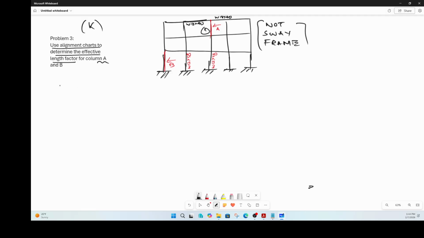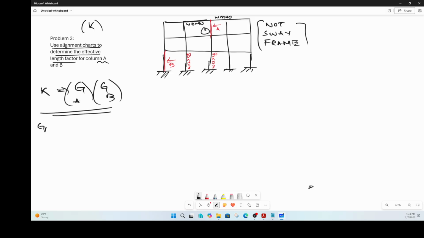Okay, but anyway, so how do you find the K factor for this particular column here? The K factor that you need to find will come from alignment charts, but you have to enter the alignment charts with something called GA and GB values. Okay, you enter the alignment chart with those values, then you can find your K factor for that particular column.